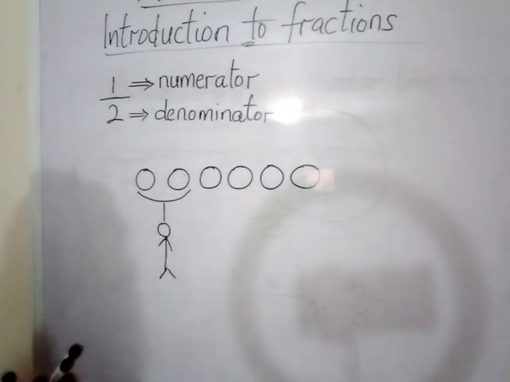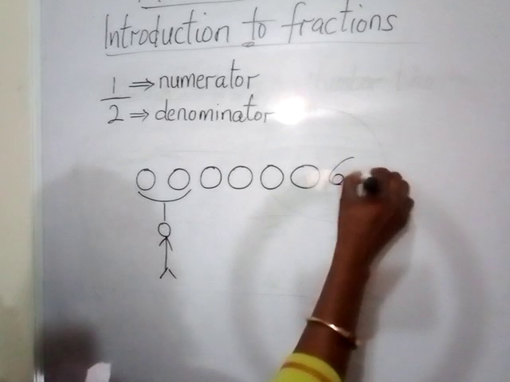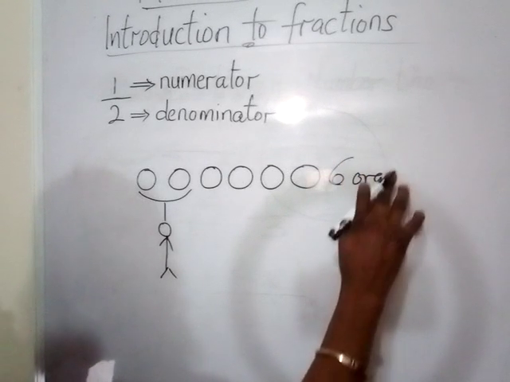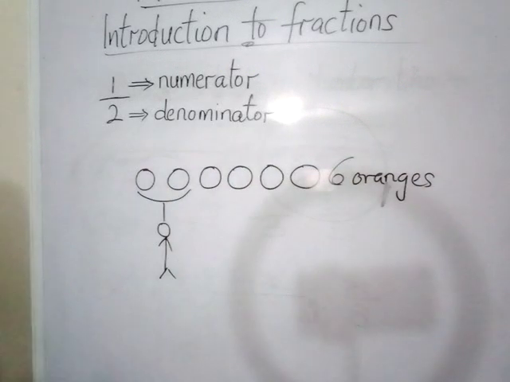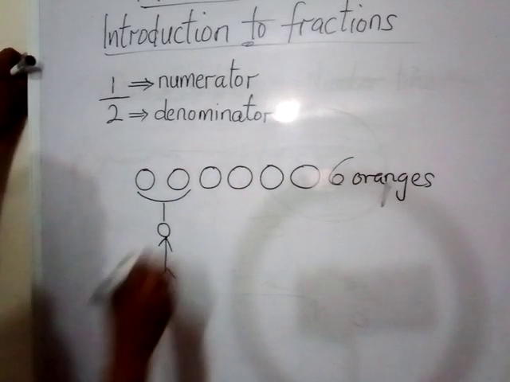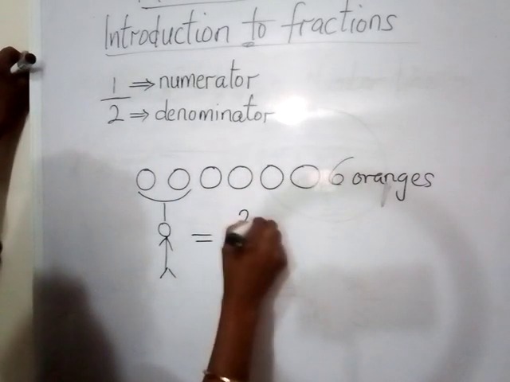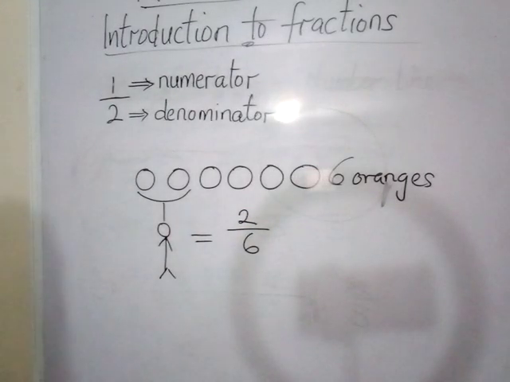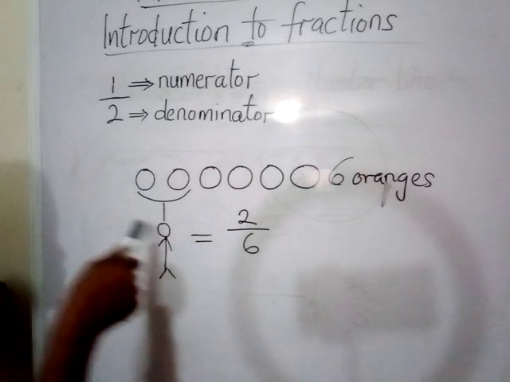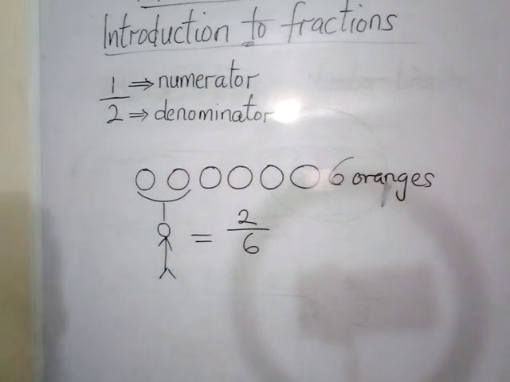So for instance, now you have these 6 oranges, and 2 of them are given to this little child. So the child has 2 out of 6 oranges. This is the fraction of the oranges that the child is given, 2 out of 6 oranges. This is a fraction.